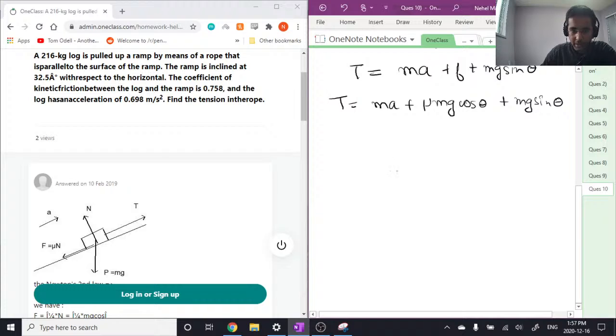And then computing these values, I'm going to plug in the values and then calculate it.